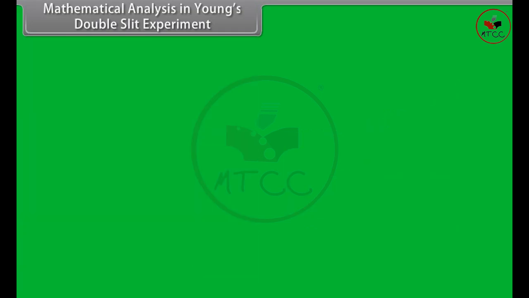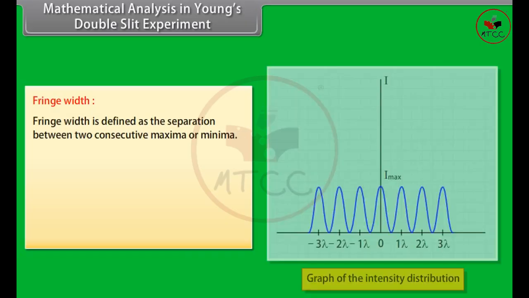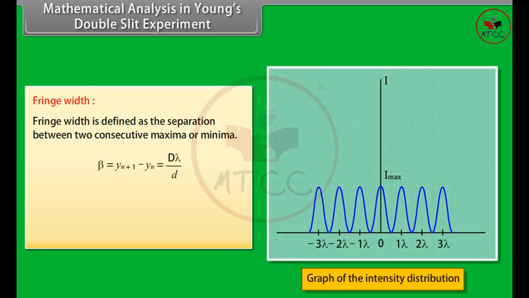Fringe width. Fringe width is defined as the separation between two consecutive maxima or minima. Beta is equal to y(n+1) minus yn, which is equal to D lambda upon d.